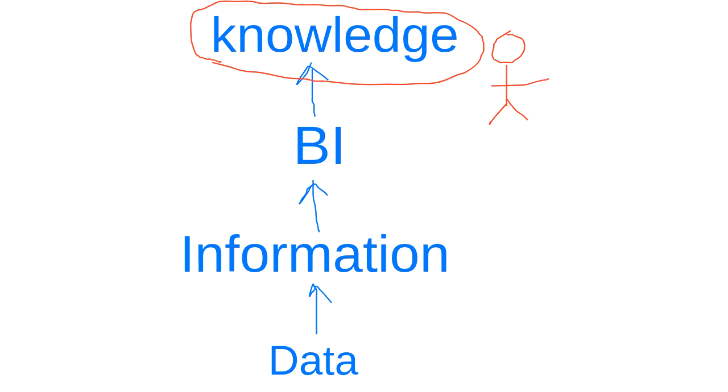There are three things in the definition of knowledge: skills, experience, and expertise, combined with information and intelligence.